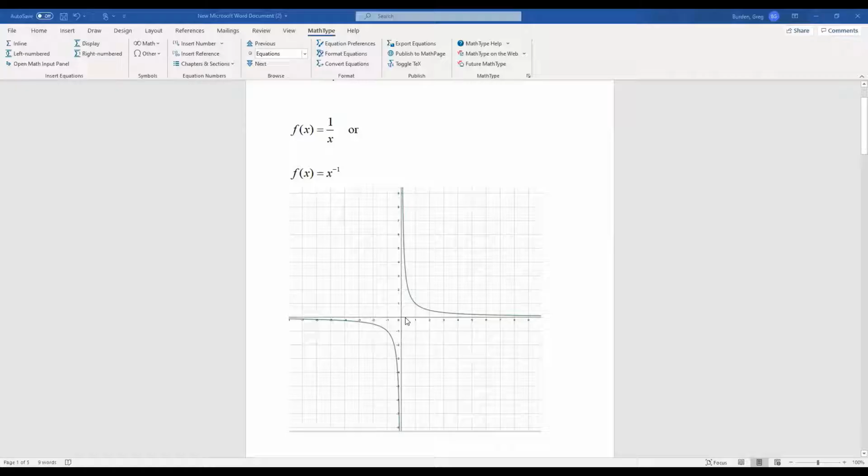It has two branches. It makes up what's called a hyperbola. We'll, at the end of the term, look at hyperbolas in more generality. So this hyperbola has two branches to it, one in the first quadrant, one in the third quadrant. In the first quadrant, both x and y are positive. In the third quadrant, both x and y are negative.